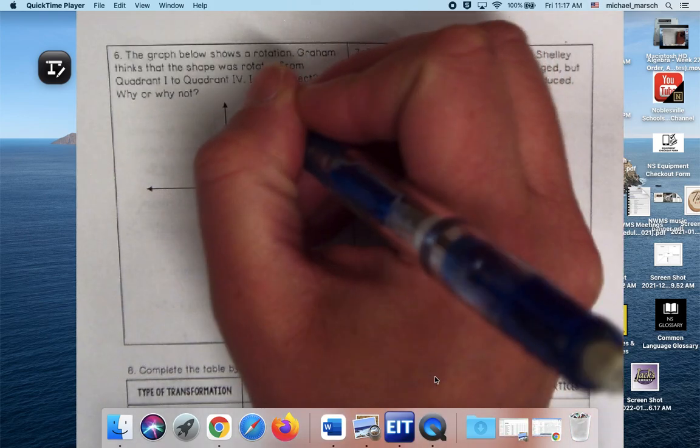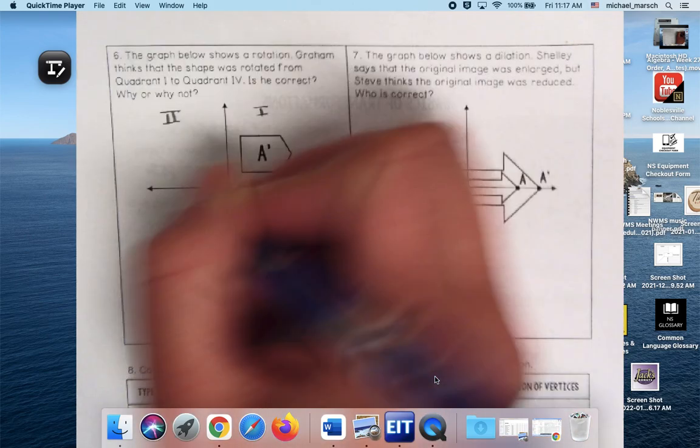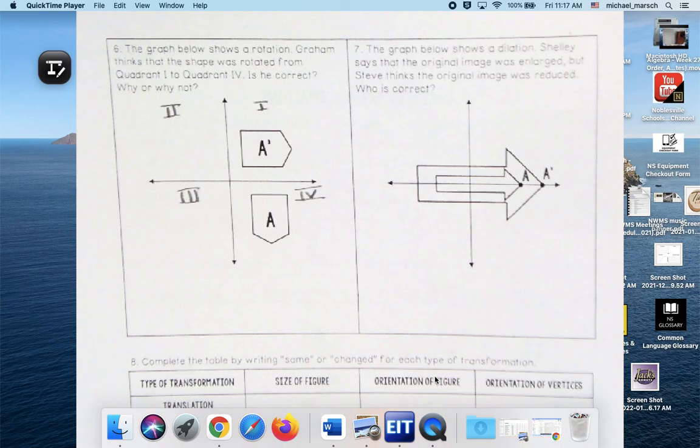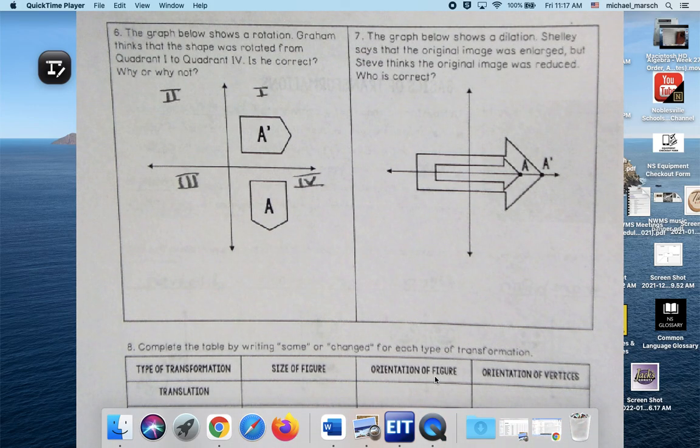So just as a reminder, here's quadrant 1, 2, 3, and 4. So is he correct? Did it go from 1 to 4? Emma, why do you say no? Because the A has the apostrophe in quadrant 1.